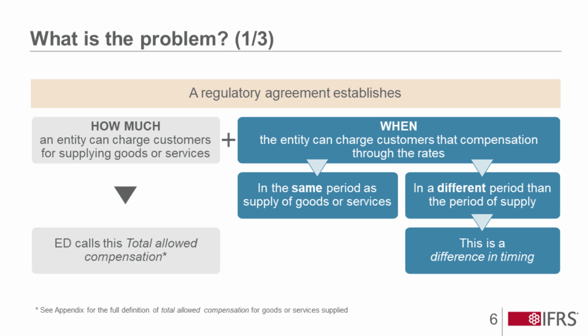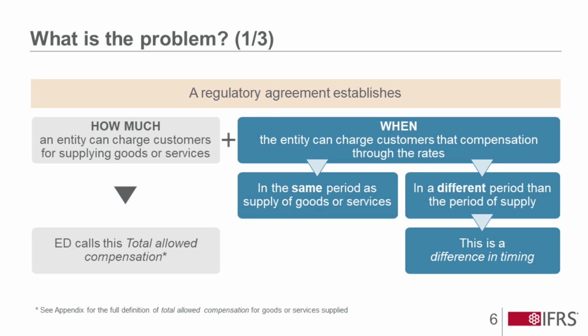It does not consider this timing difference, and therefore the amount of revenue the entity recognizes in the period applying IFRS 15, when there is a timing difference, will include compensation for goods or services supplied in the past, or that will be supplied in the future, or does not include all the compensation that the entity is entitled to for the goods or services supplied in the period, because part of this compensation was already included in rates charged in the past, or will be included in rates to be charged in the future.